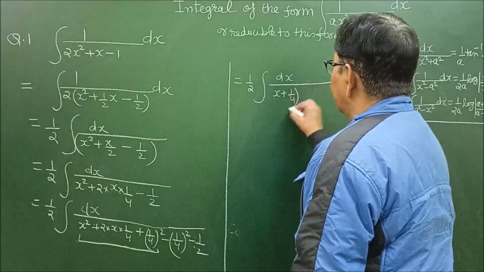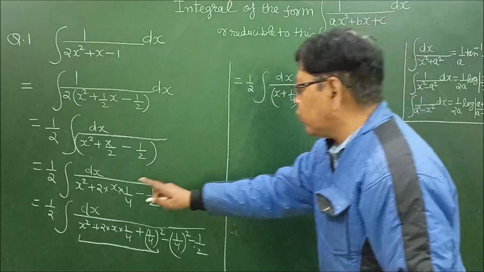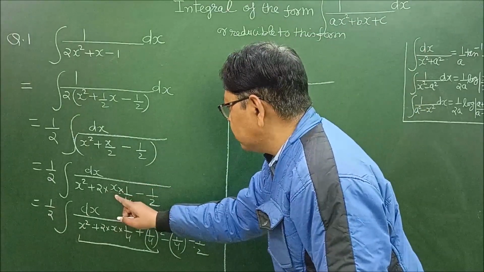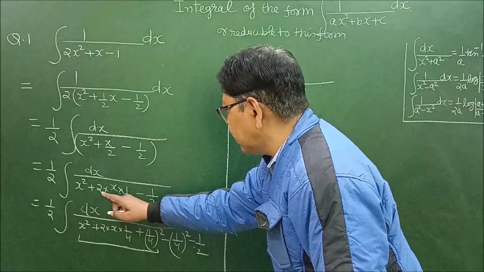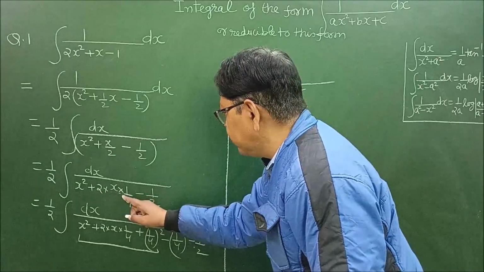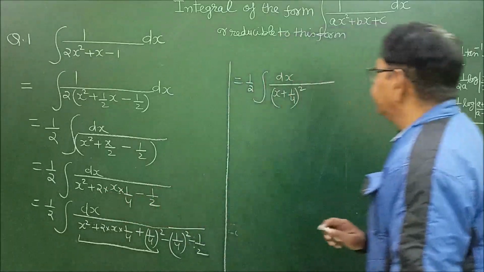So why do we add the square of half of the coefficient of x? Because to bring this in the form 2ab, we multiply by 2 and divide by 2.